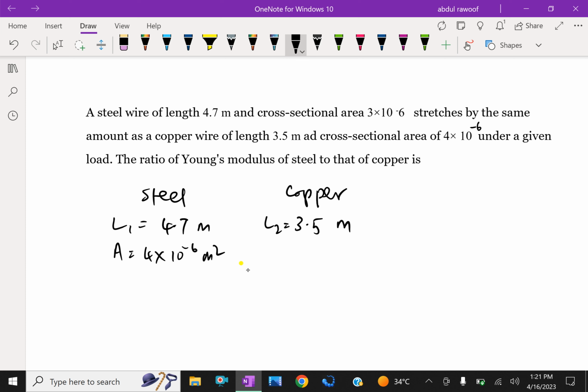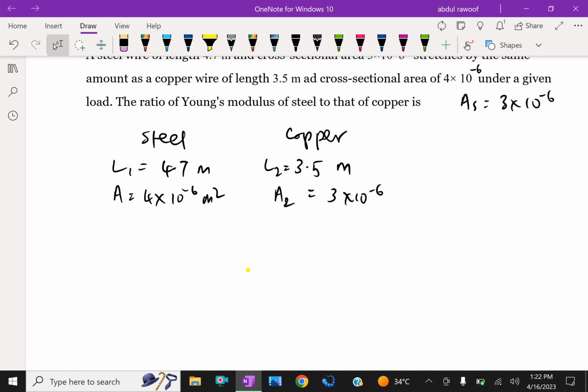And for steel, cross-sectional area A for steel is given 3 into 10 power minus 6. Now we have to compare Young's modulus of these things.